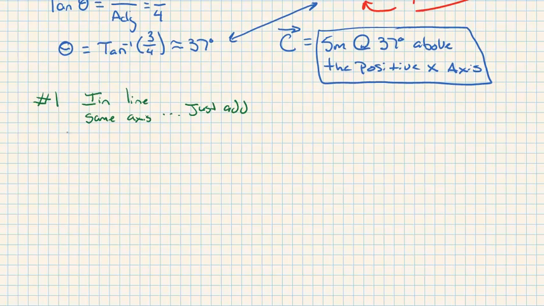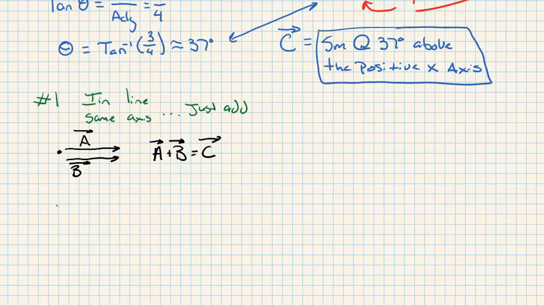So we'll have, for example, A vector, B vector, and that would be done with A vector plus B vector, whatever those values are, and that will give us our resultant C vector.